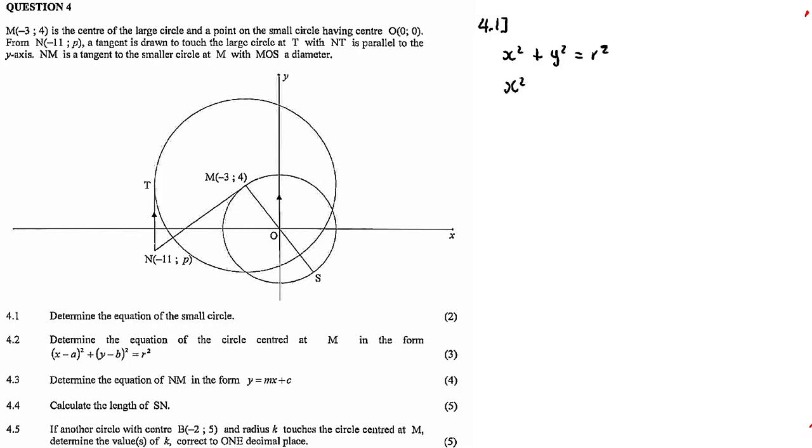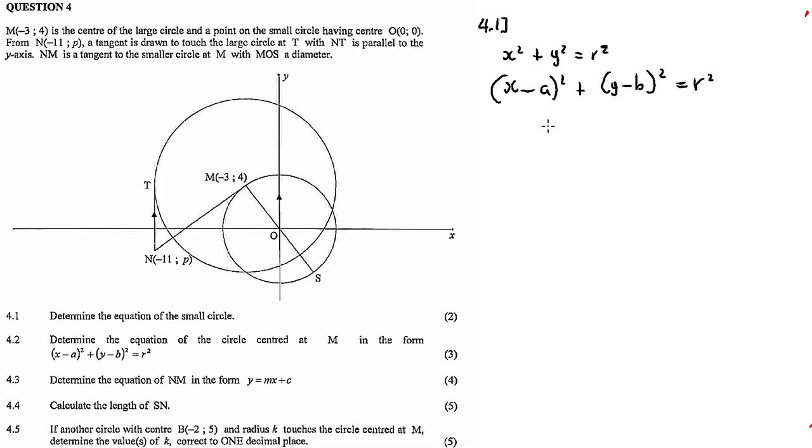The general form is (x minus a) squared plus (y minus b) squared equals r squared. Whenever you want the equation of a circle, just know that you need at least one point and the coordinates of the center. For the small circle in this question, the center is (0, 0), and the point is (minus 3, 4).